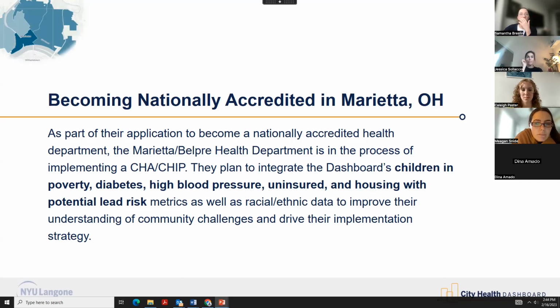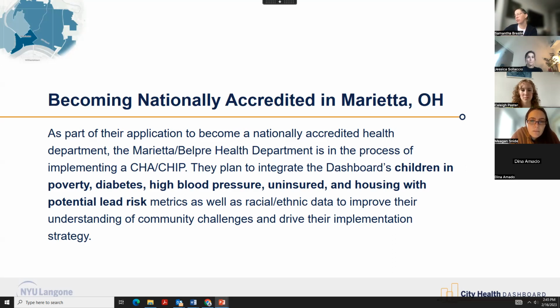The accreditation board wants to see that a city has a good grasp on data and what health looks like in their community, in a data-driven way. So they are about to start their community health assessment.